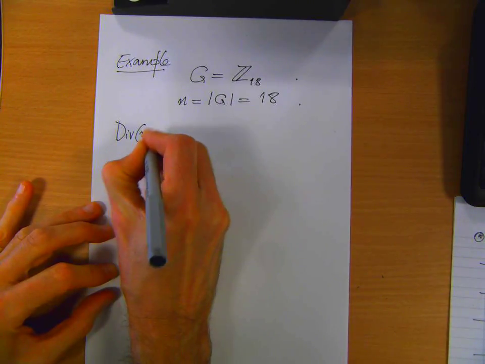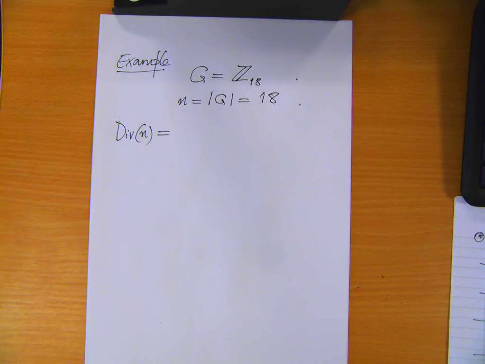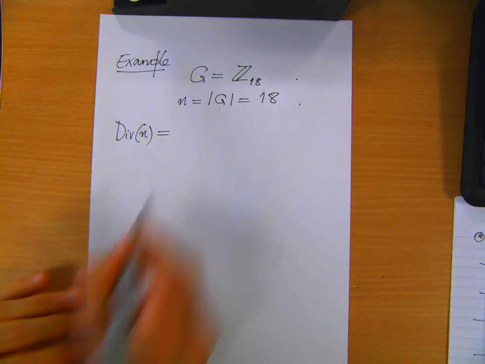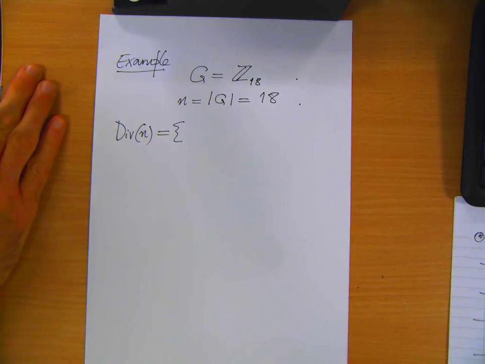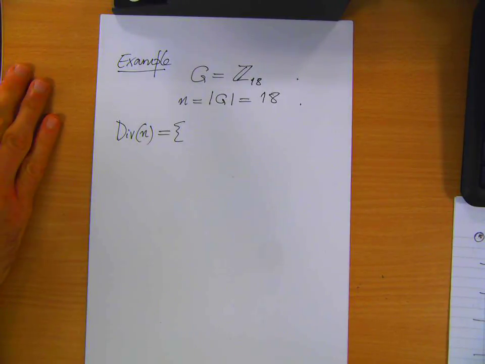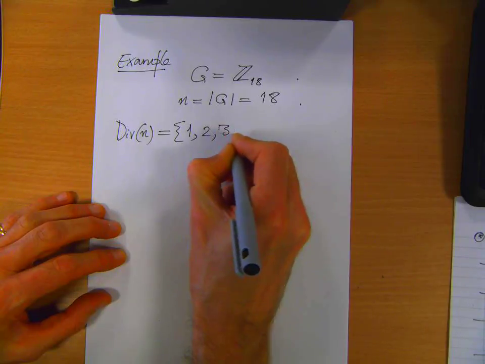So what's the set of divisors of n? That's the set of divisors of 18. Of course, if n's very big, then working out all the divisors could be a long job. You could get Maple to do it if you wanted. But 18, we can do it by hand, I hope.